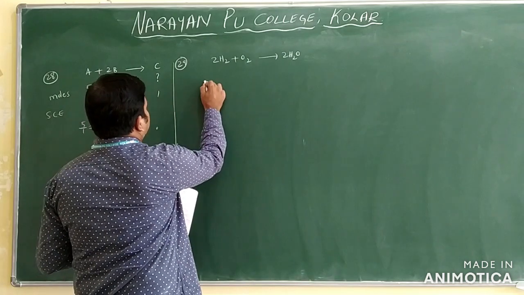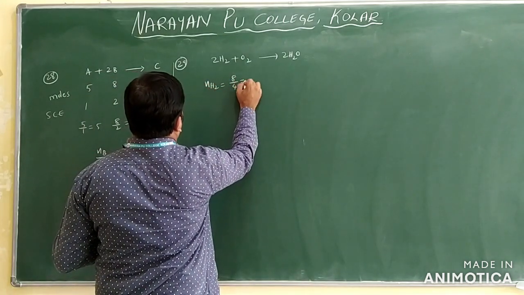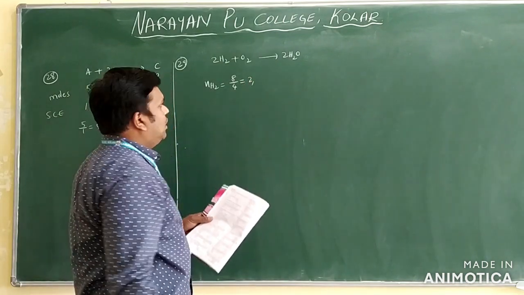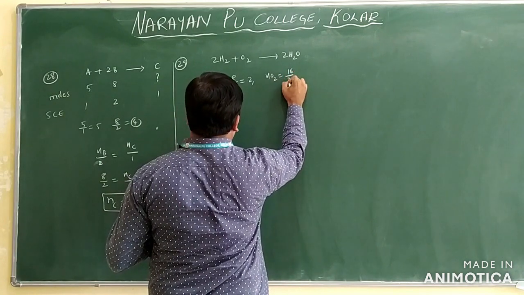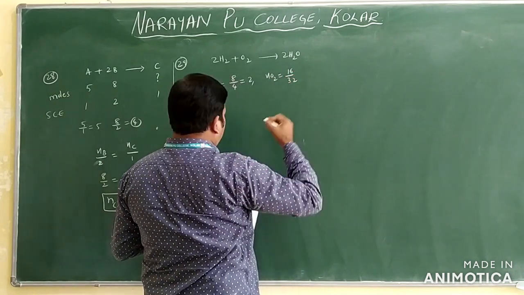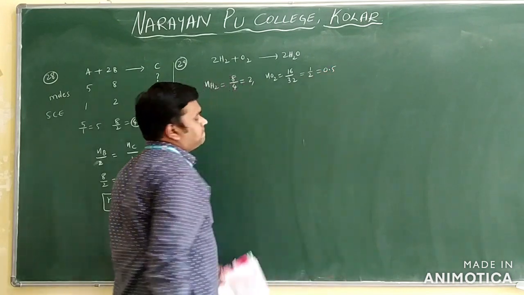Number of moles of H2 is equal to 8 by 4, that is equal to 2. Number of moles of O2 is equal to 16 by 32, that is 1 by 2, 0.5 only.